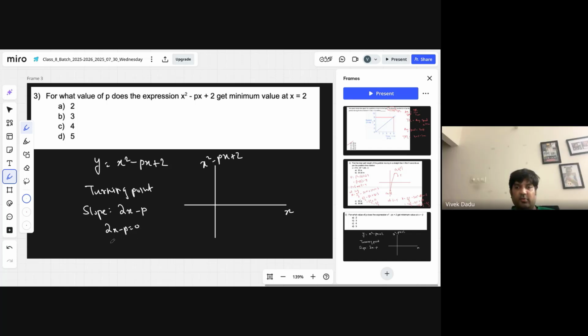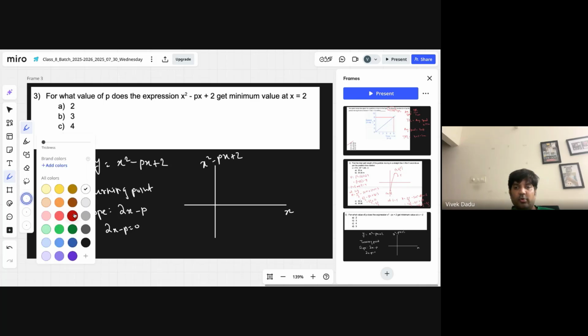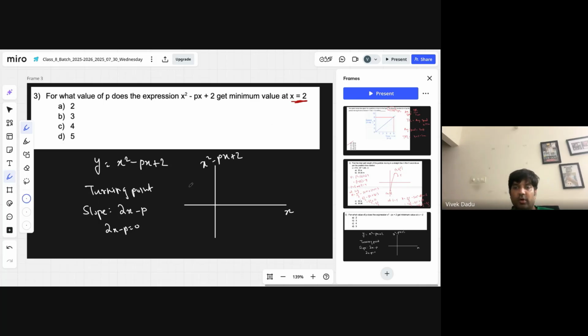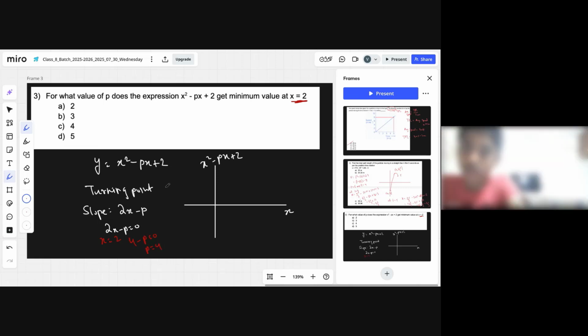Right? Now they are telling that you get the minimum value at x equal to 2. So this will become 0 when x is equal to 2. So 4 minus p equal to 0, which gets p equal to 4.